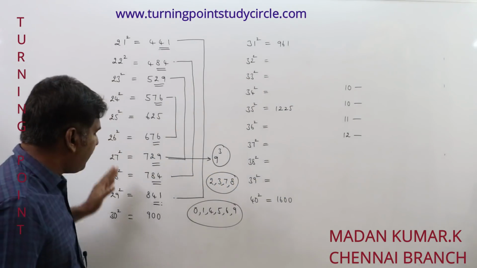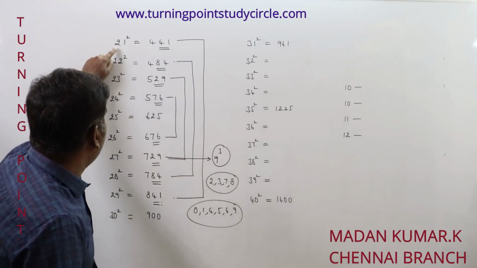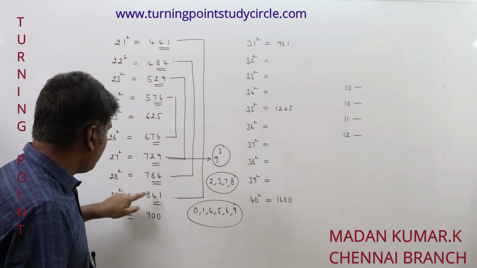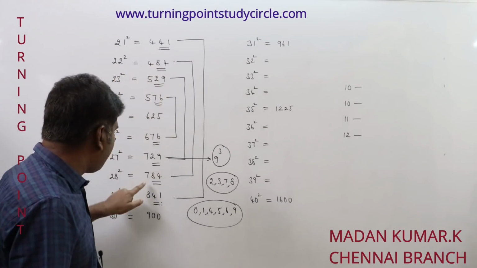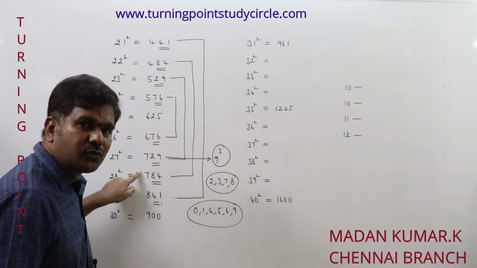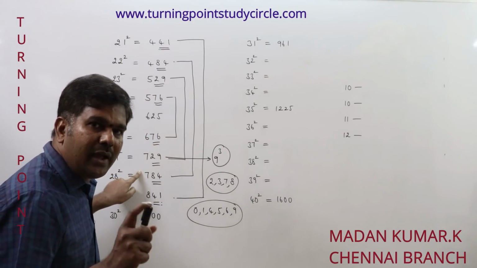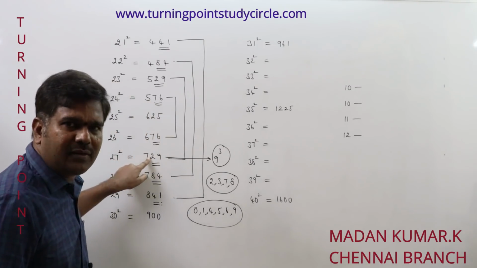So now 21 to 30, how to remember easily? Last two digit values will be the same. 21 square is 441, 29 square 841, 22 square 484, 28 square 784, 23 square 529, 27 square 729, which is also 9 cube. 24 square 576, 26 square 676.